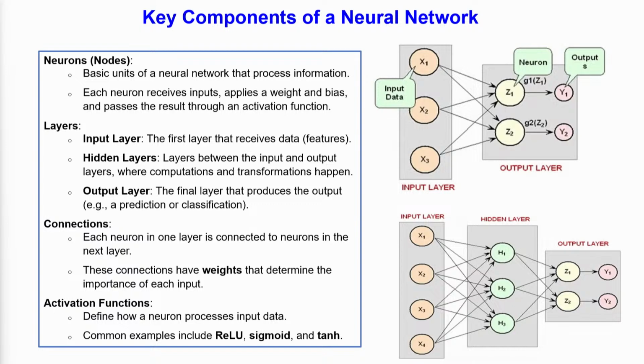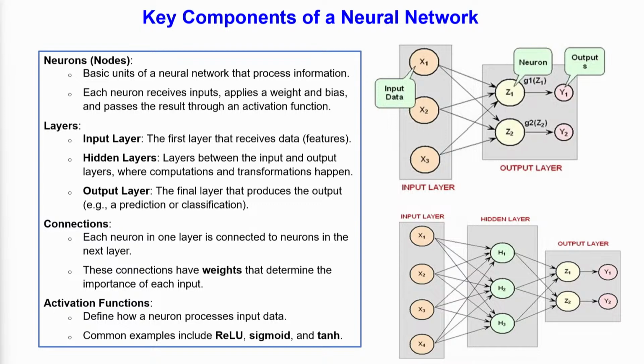So, just a terminology. You have the neurons, which are the nodes. You can see the input data flowing to the neurons and the nodes. These are the basic units of a neural network. Each neuron receives inputs, applies a weight and bias and passes the result through some activation function, and there are standard activation functions.